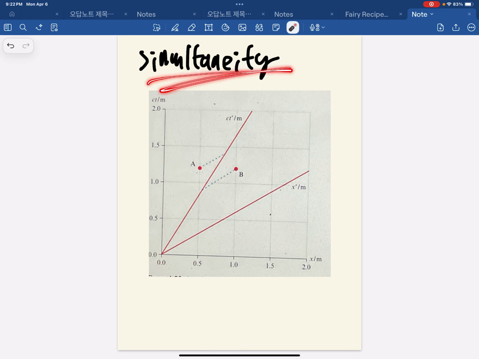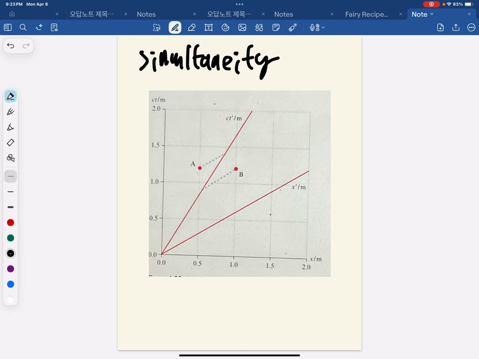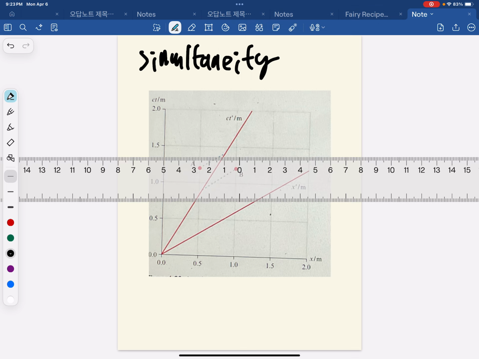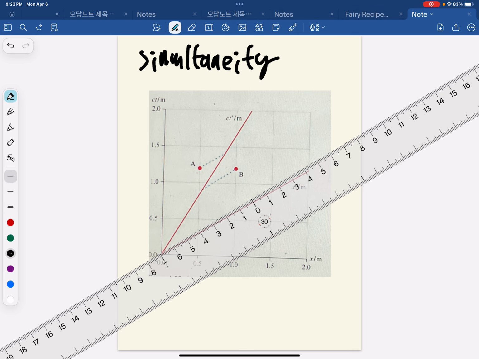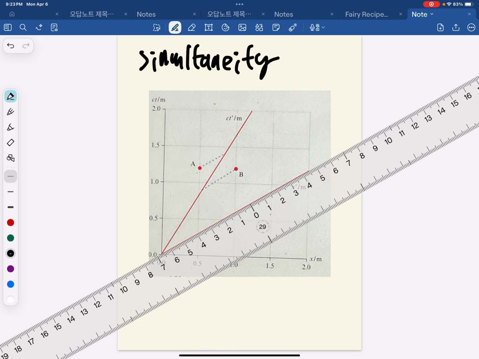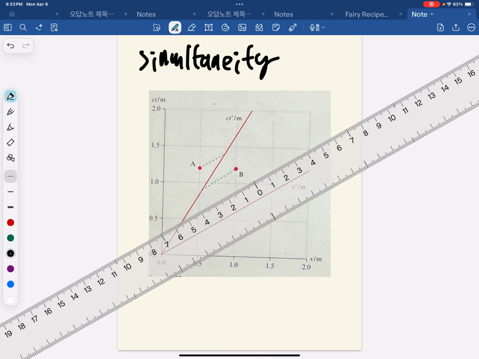And simultaneity is always talking about time, so we're only going to look at this CT primed axis here. Okay? So you're going to get a ruler, angle it so it has the same angle as your x primed, and that's going to be your grid lines, right? And you're going to move your ruler.